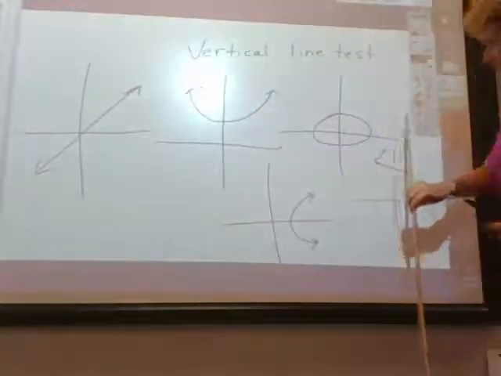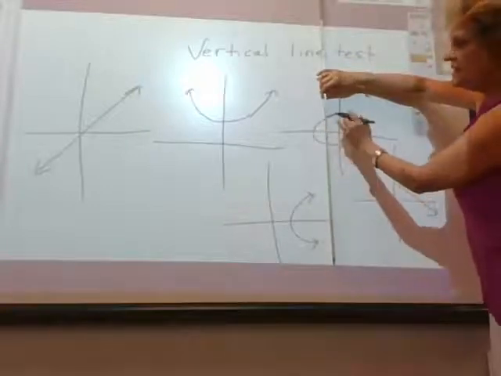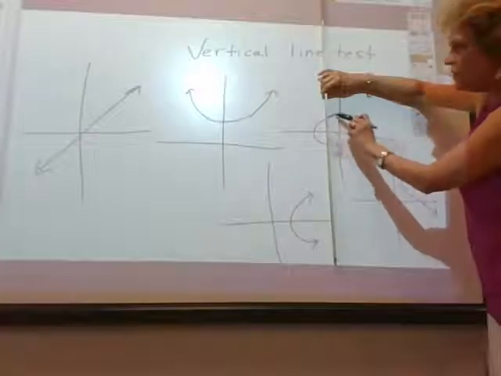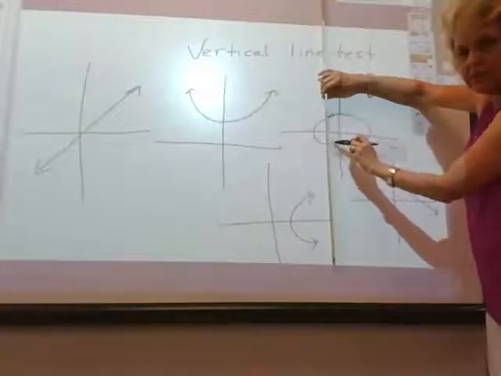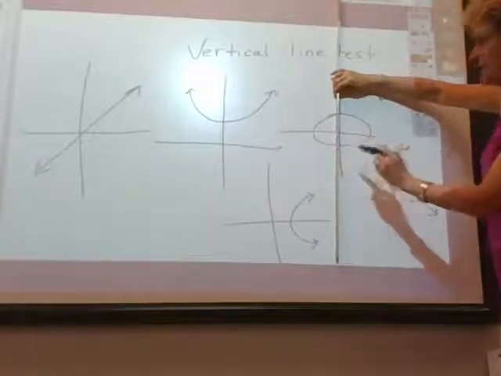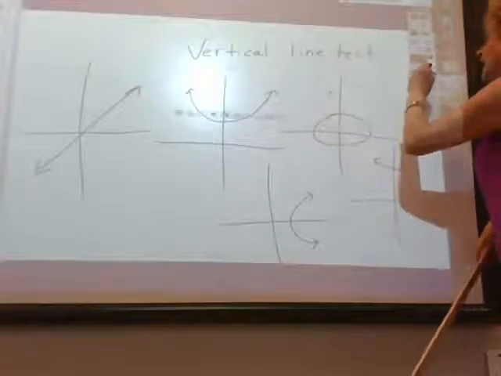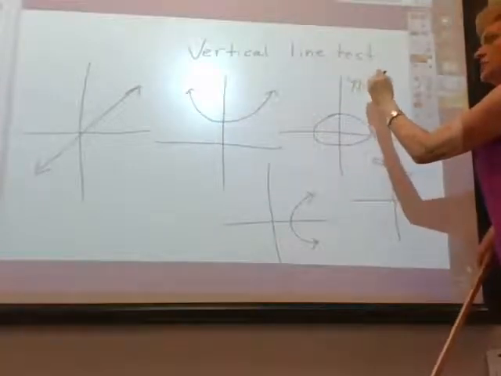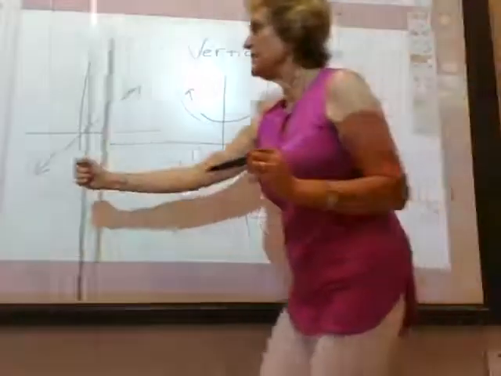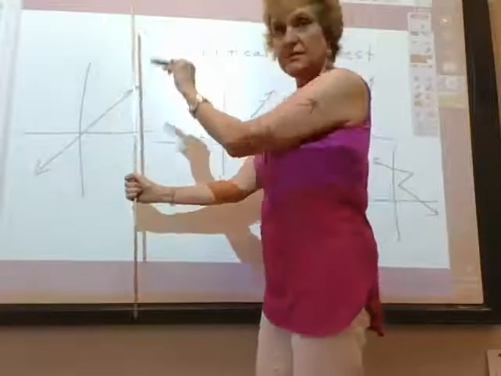But look right here. If I do the vertical line test here, at this point, this circle or oval is touching my vertical line at more than one point. In many spots, it's touching at 2 points. So this one is not a function because it does not pass the vertical line test.